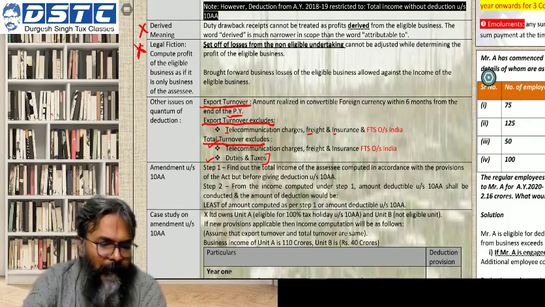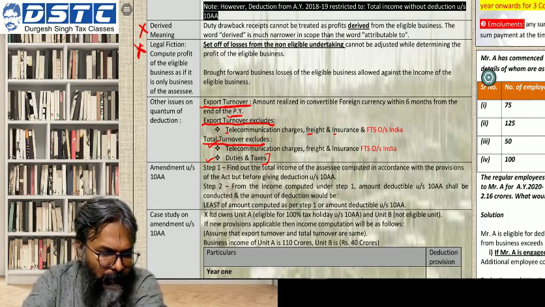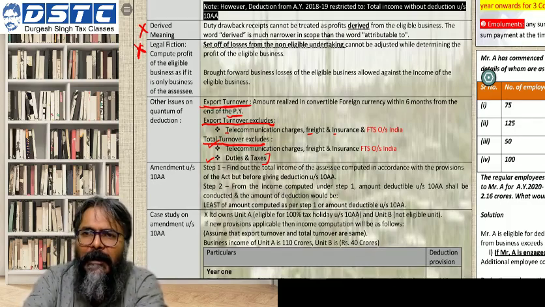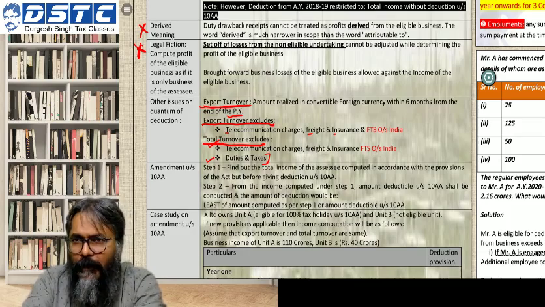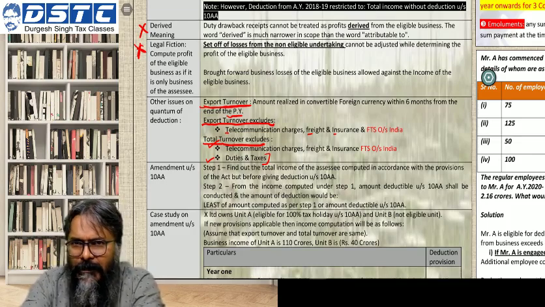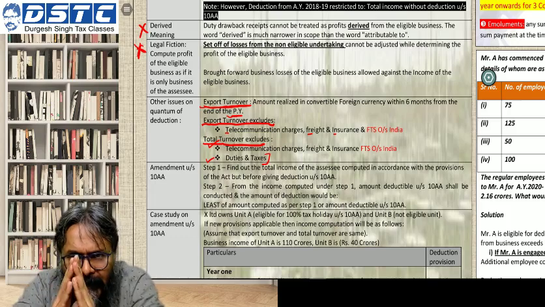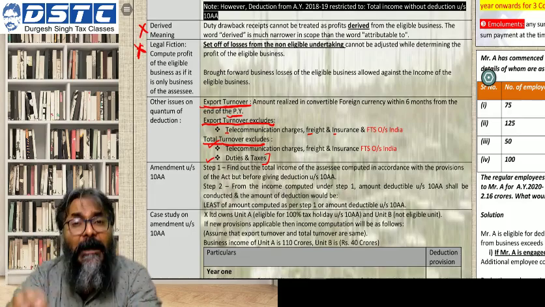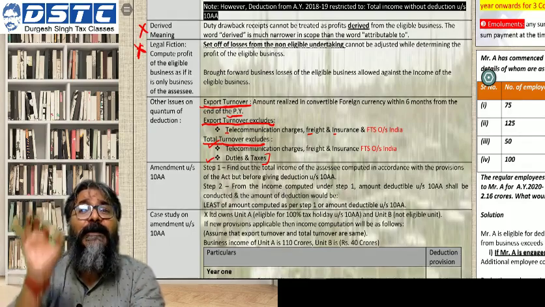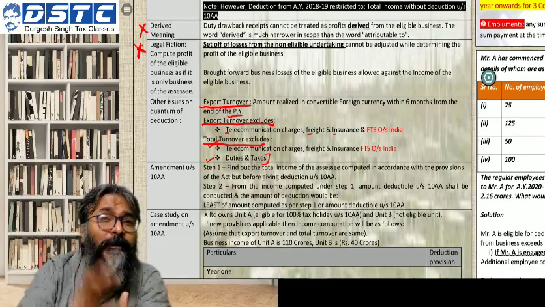Okay, now in this context, students, be careful. Depending upon your denominator, which is your total turnover, and the numerator, which is export turnover, the entire focus is to take only that part of the turnover which is in respect of the sale of the goods and not in respect of the transportation of the goods.